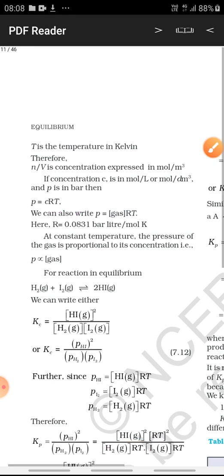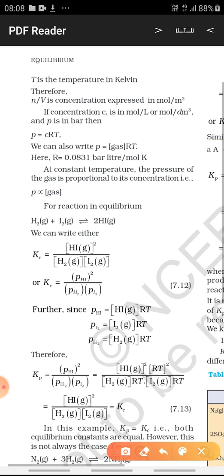For example, you have the equation in which hydrogen reacts with iodine to form hydrogen iodide. If we write the equation for Kc for such a reaction, it becomes concentration of product upon reactants. But reactants and products are present in the gaseous state, so instead of taking the concentration, we take the partial pressure for them.